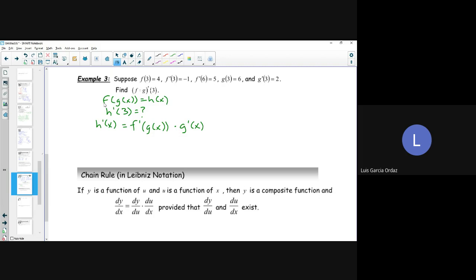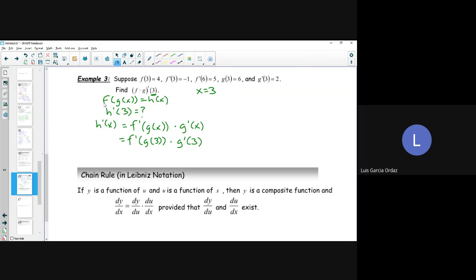We have to evaluate for x equal to 3. So we have to find the derivative of f when g of x is 3, multiplied by the derivative of g at 3.